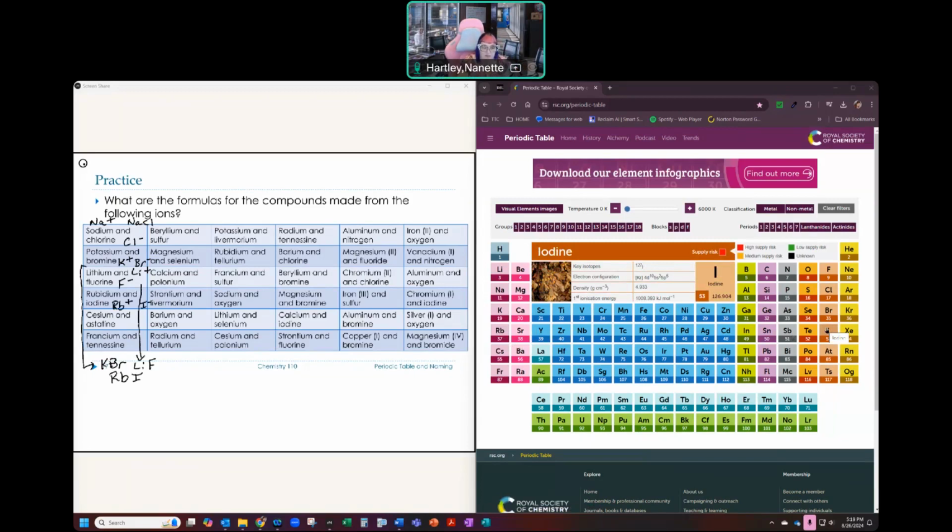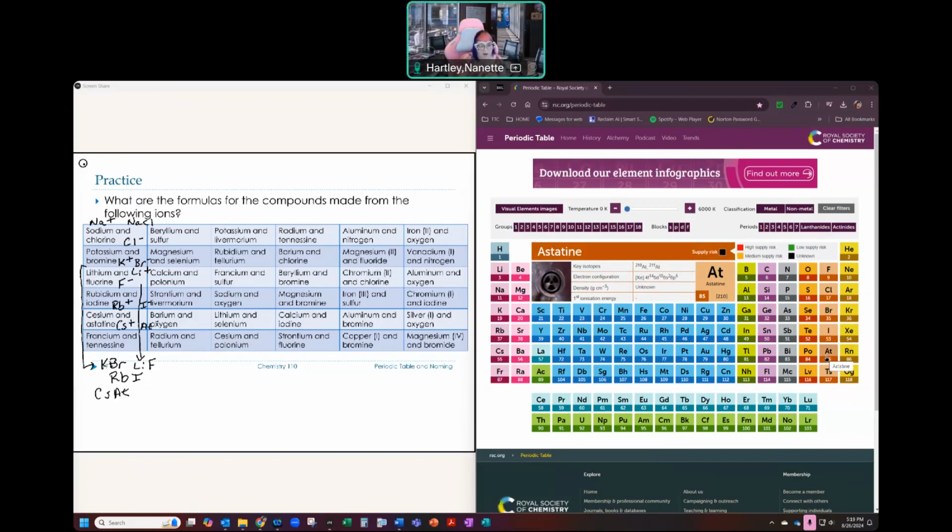Okay. Cesium and astatine. So cesium is this guy. He is a Cs+. And astatine is this guy right here. He's At. He is also a halogen, so he's going to be an At-. So CsAt.